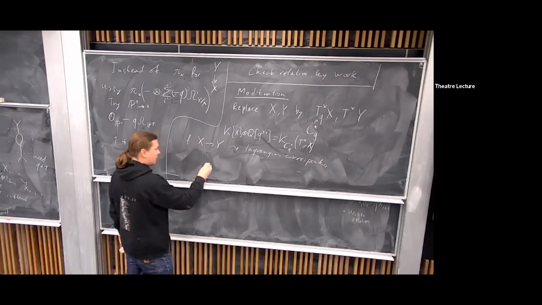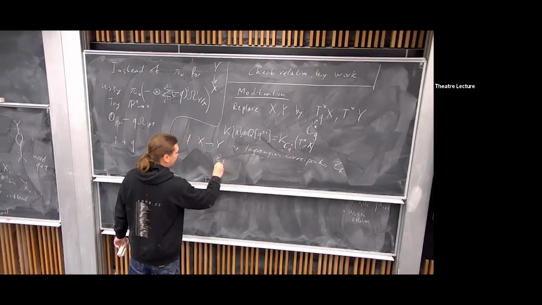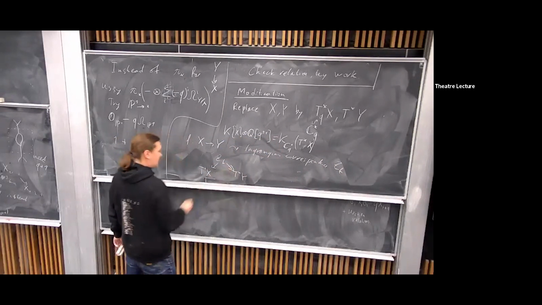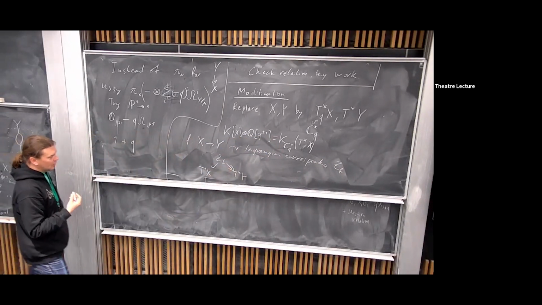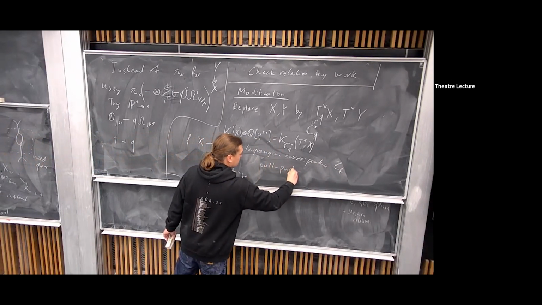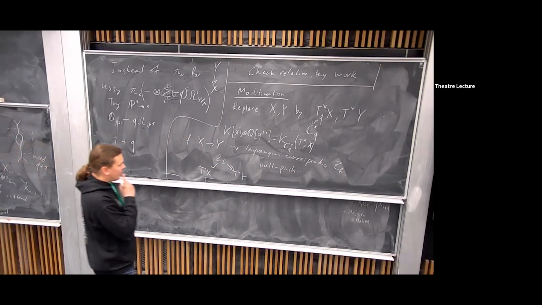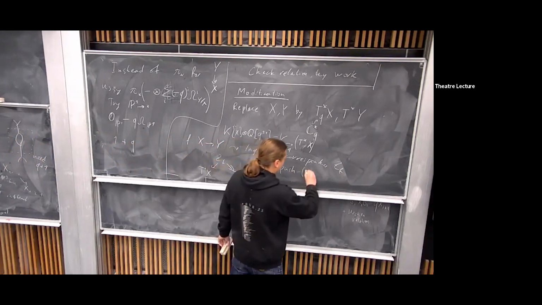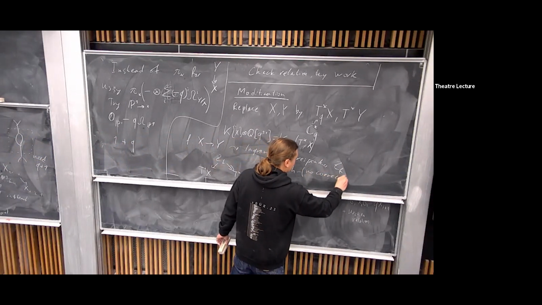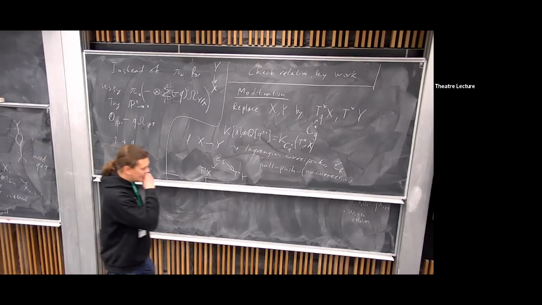You have Z_f, and then there is T*X, T*Y. You can pull along this correspondence without any correction, and then you can check that it gives you the same result.